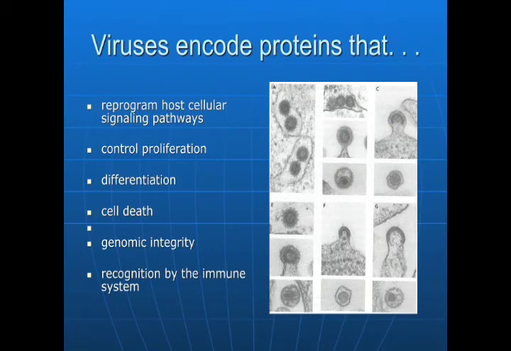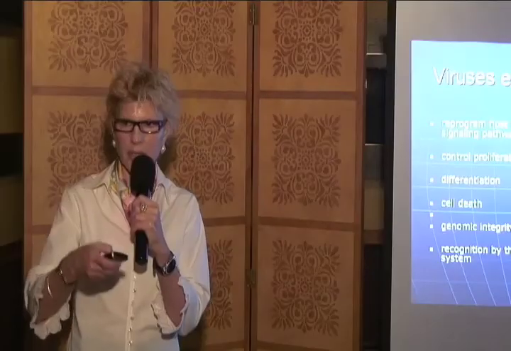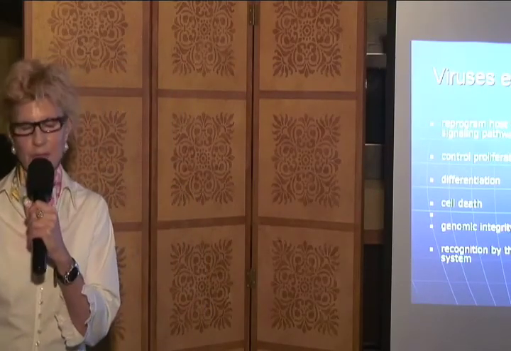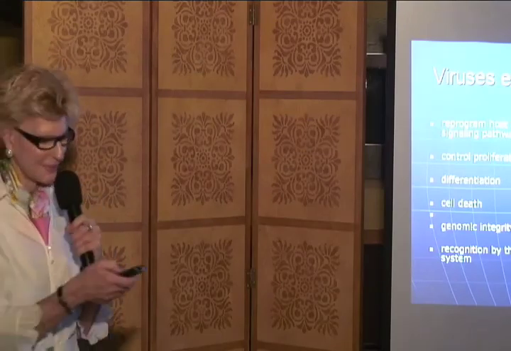So what do they do? They reprogram the cell, they control proliferation, differentiation, cell death, integrity of the genome, and they can interfere with the ability of your immune system to recognize them. Well, yeah, I mean, if they get into the genome, it's a great place to hide, huh?